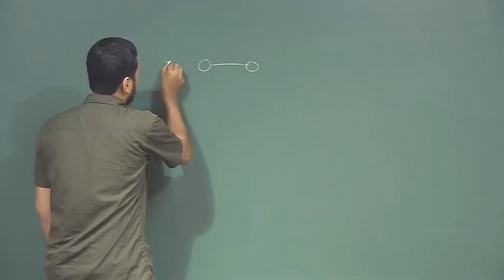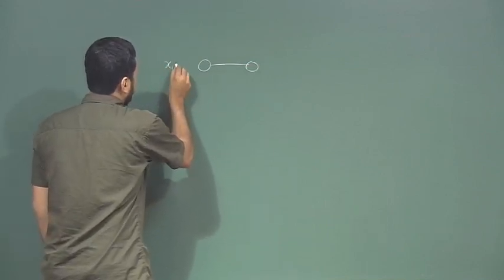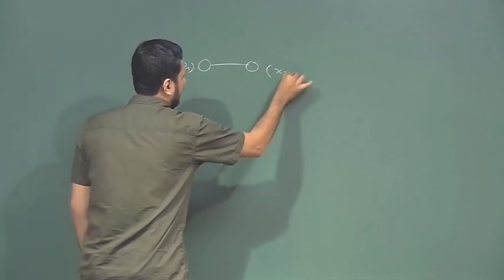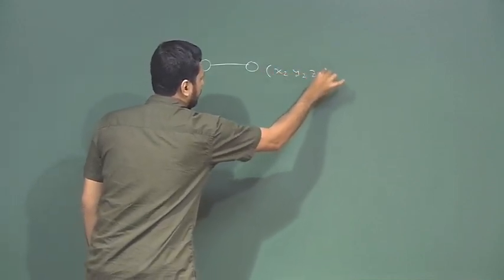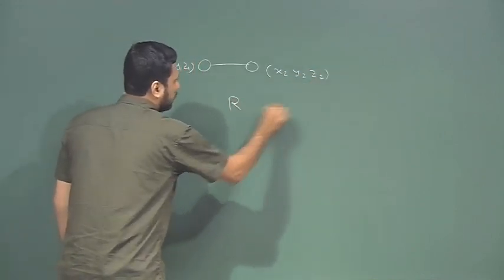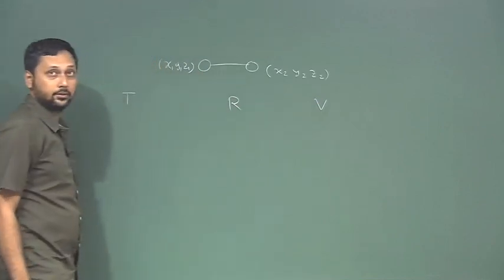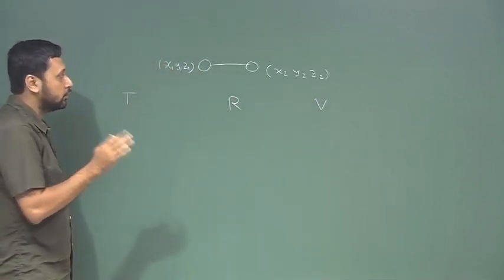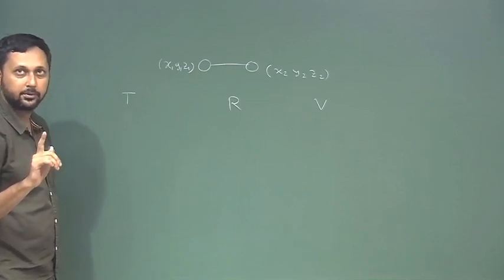We took coordinates x1, y1, z1 for this one and x2, y2, z2 for this one, and we wrote translation, rotation and vibration degrees of freedom. So, there will be 3 translation, 2 rotation and 1 vibration degree of freedom of this system.